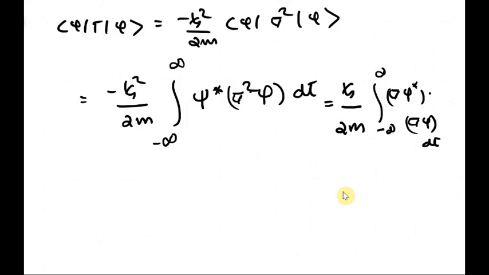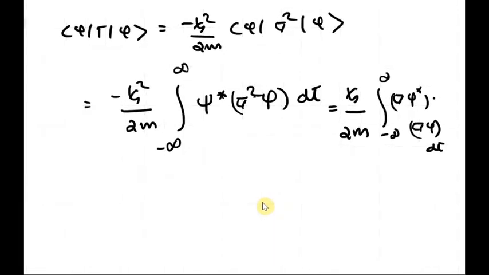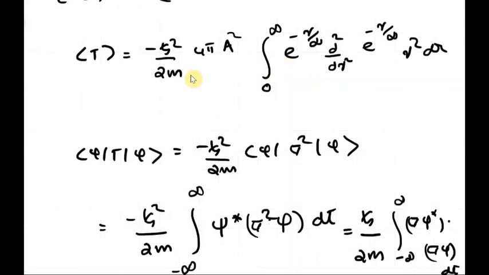So if I calculate this in this manner, don't forget that you don't have a minus sign here now in the modified expression. Let me calculate that now. My integration for this problem is something like this. Instead of doing this, I'll take the h cross square, remaining things are the same: h cross square by 2m, 4 pi a square, integral 0 to infinity.